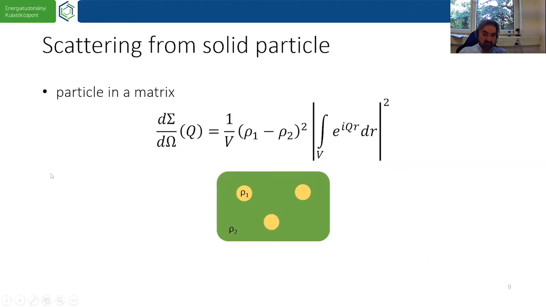So probably the most simple thing in the theory is the particle. So this green box is a system of nanoparticles. These nanoparticles can be either solid, so they can be colloidal nanoparticles, but they can also be fluid, so they can be micelles.